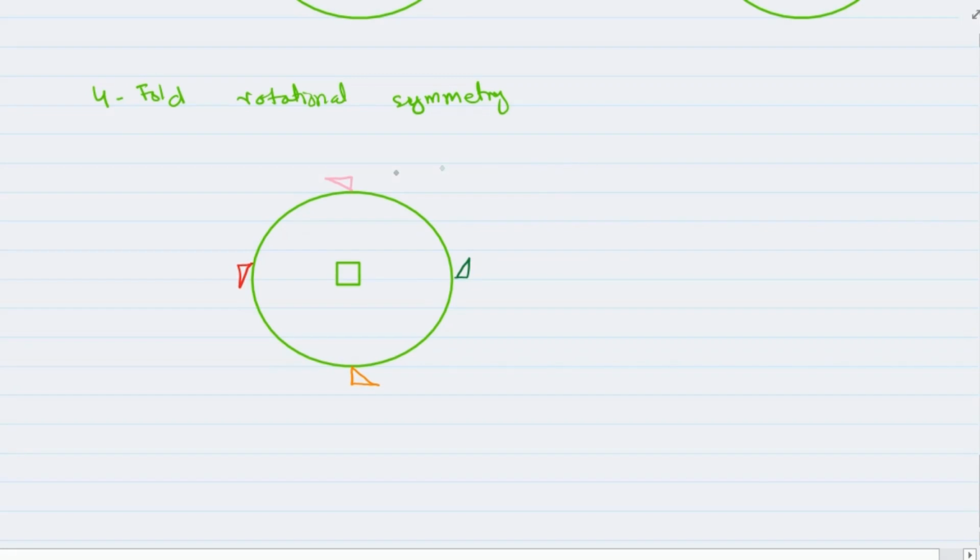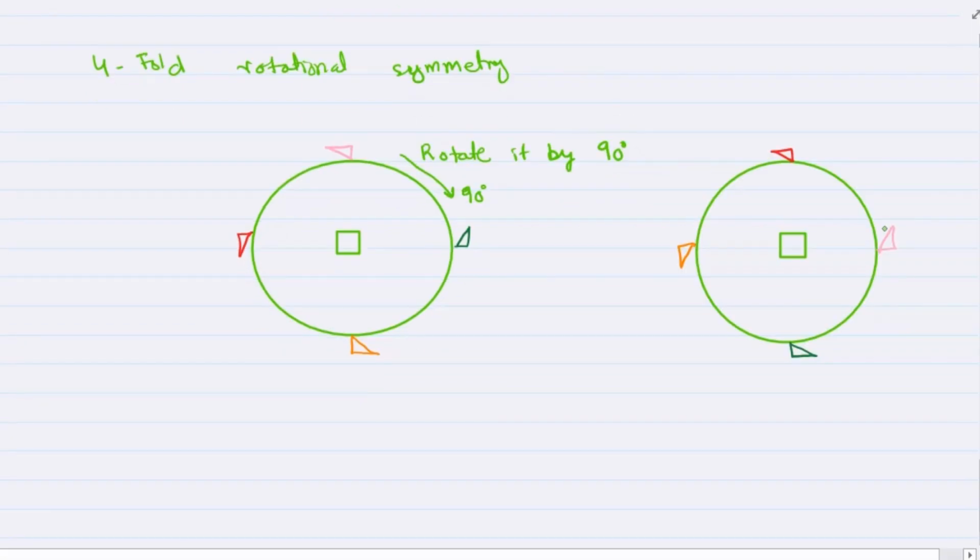We will focus on shape, not on colors. Colors are only to distinguish between the rotated one and the previous one. So, rotate it by 90 degrees and it will look like this. Now you can see once again that the shape is exactly the same and symmetric, both inside the circle and outside the circle.